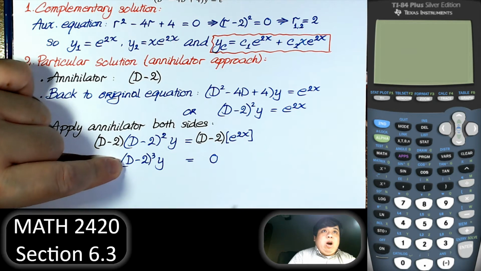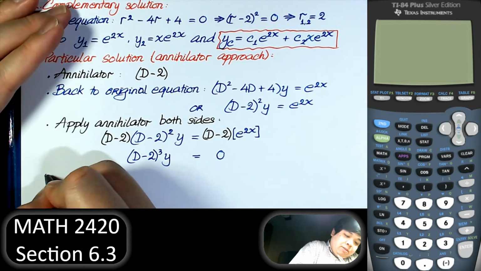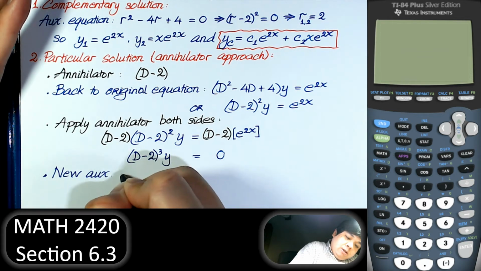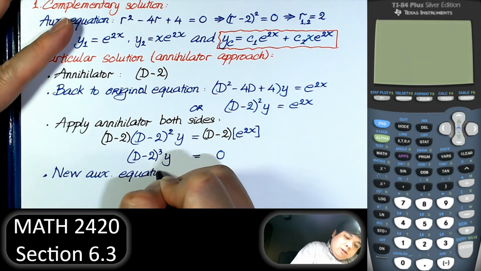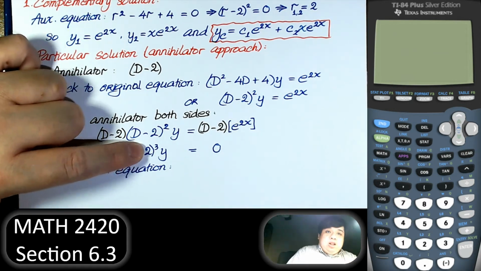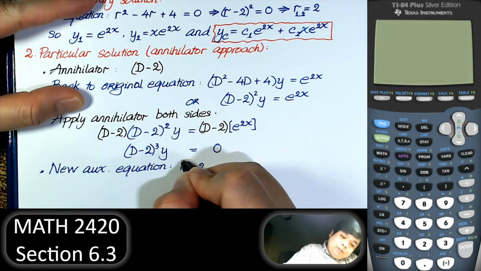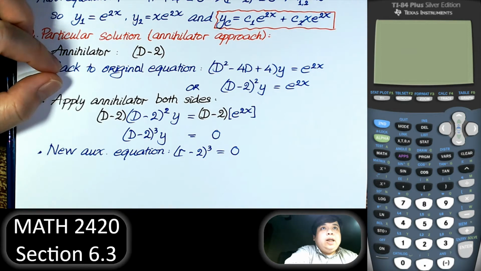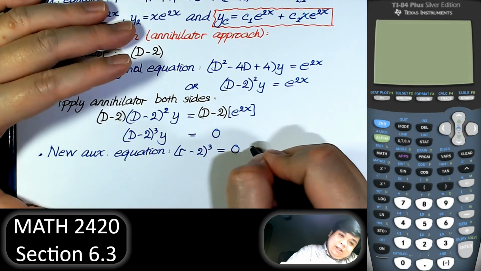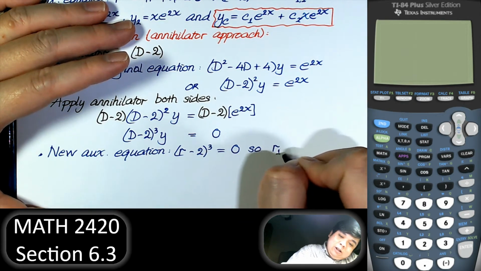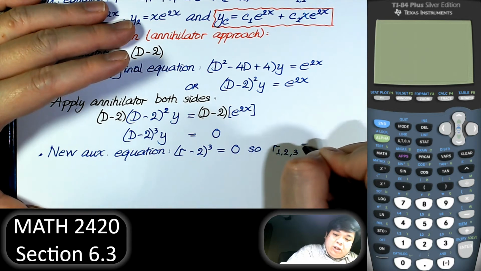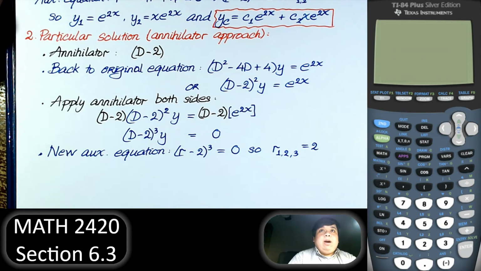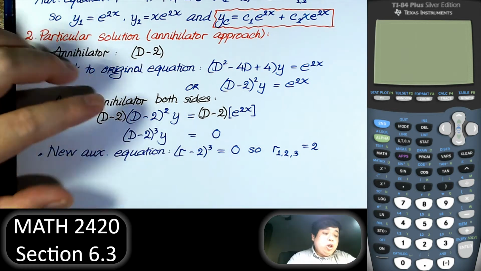Now from this, of course, we write the new auxiliary equation. It will be (r minus 2) cubed. And we solve for that, we will have r1, 2, and 3, so this is the triple root of 2.